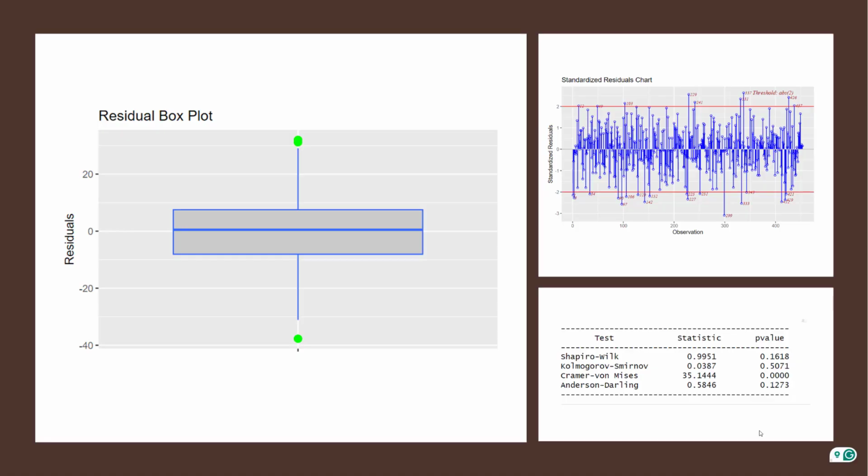So if we look at the test, we see here, R gives you a nice menu of 4 tests. And you can see here from the p-values that only one is significant for departure from the normality assumption. Often more than one of these will be significant, and how much of a departure you're willing to live with is up to you and the context of your analysis.